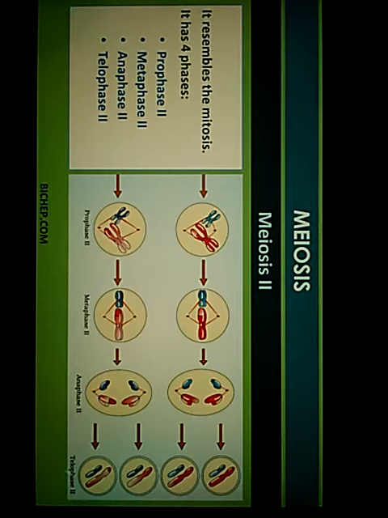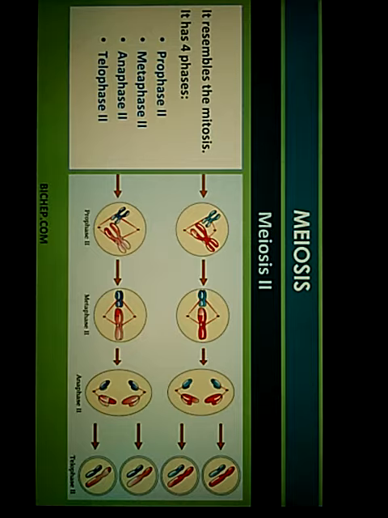Hello friends, now in this lecture we are continuing with Meiosis II. In Meiosis I we have divided a diploid cell into two haploid daughter cells.